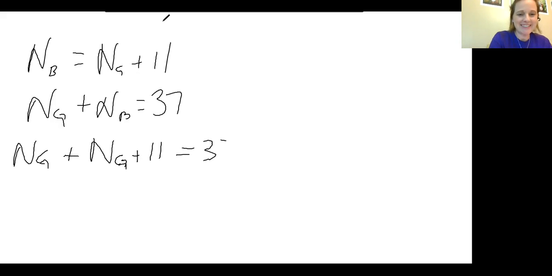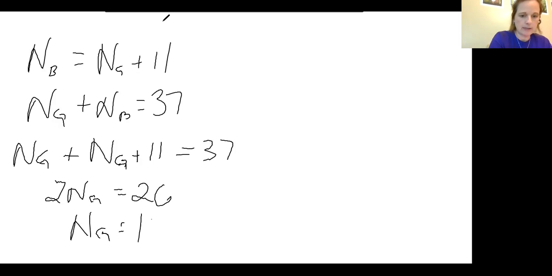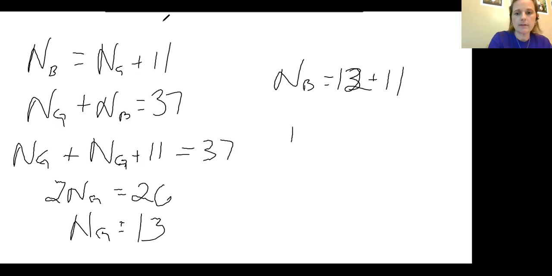Equals 37. So 2 number of girls equals 26. So the number of girls equals 13. And that makes the number of boys equal 13 plus 11. So the number of boys equals 24.